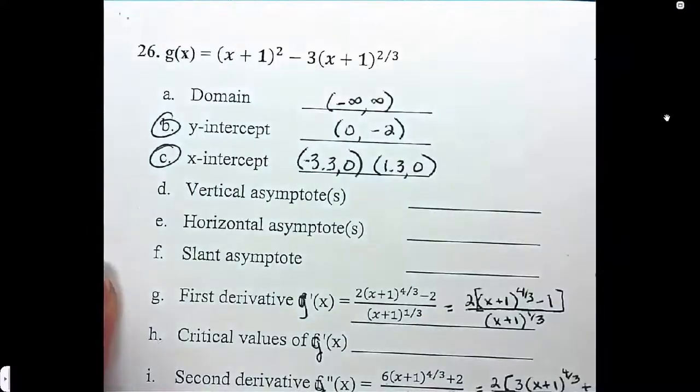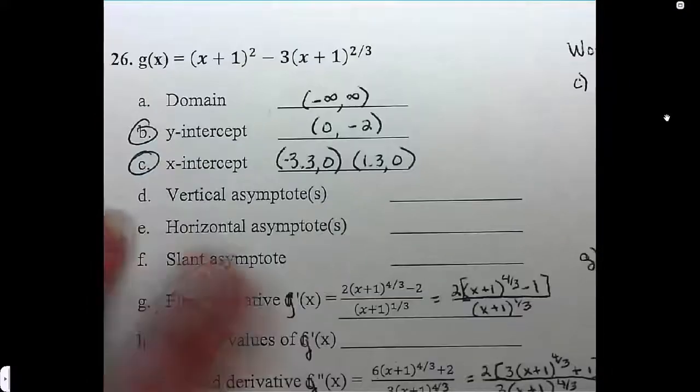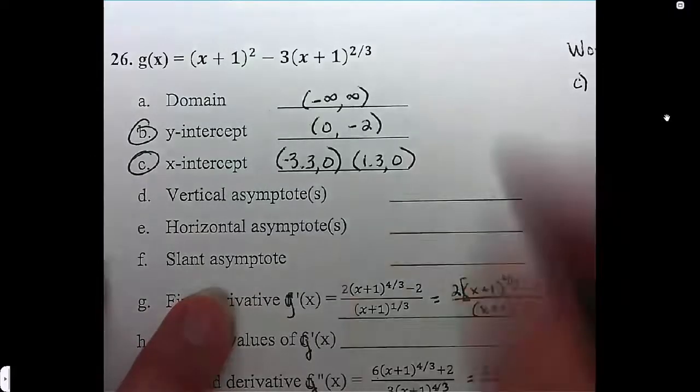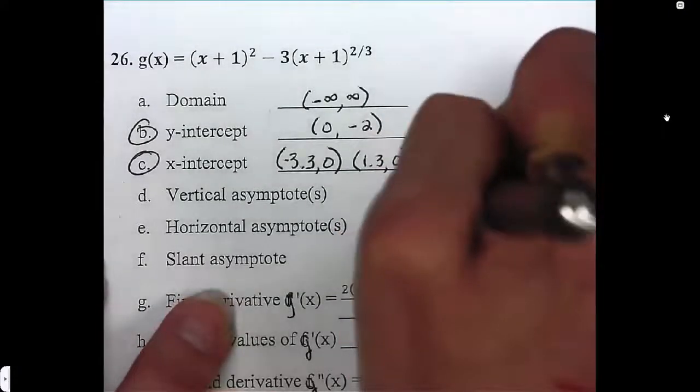There are 3 points that I'll graph when we get around to it. What about asymptotes? Does that expression have any asymptotes? No. None at all.